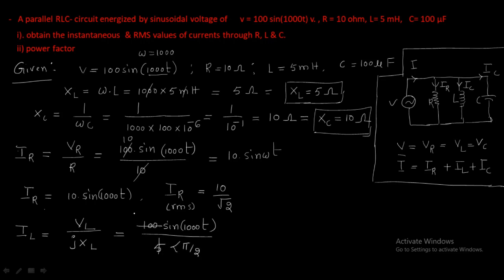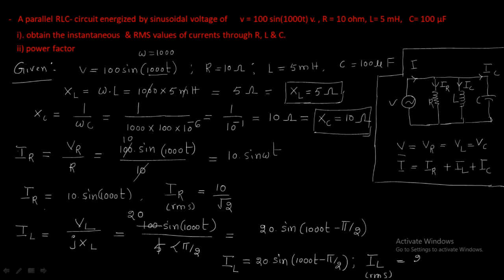Simplifying, the 20 times, so we can write 20 sine 1000 t minus pi by 2. So the inductive instantaneous current IL equals 20 sine 1000 t minus pi by 2. Next, IL RMS equals 20 by root 2.